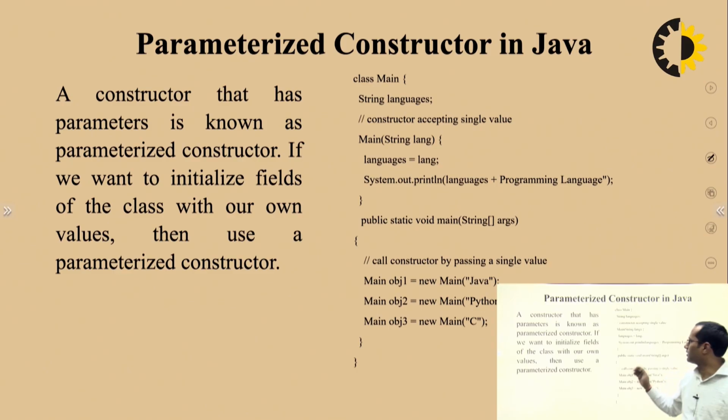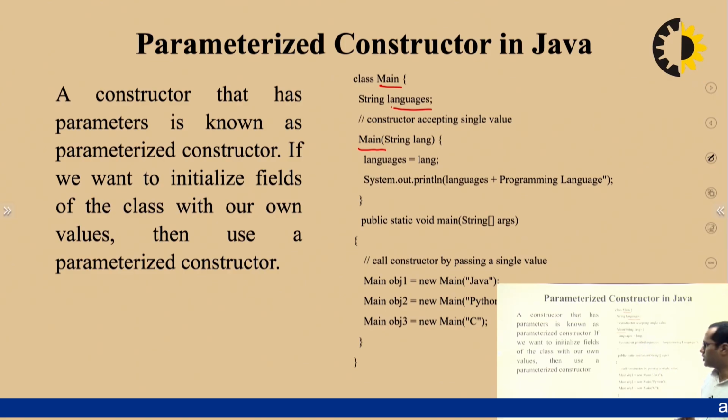Here we can see again we are taking the main class, and here is one parameter. The one variable is languages. Again I am taking the constructor. This is the method I am defining, and I pass a parameter that will receive the language of the string type.